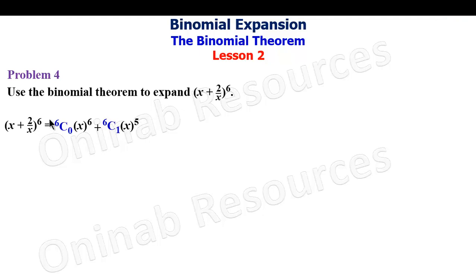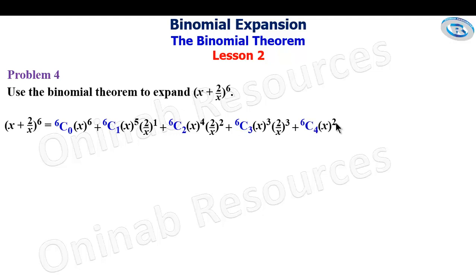Then the second term in the bracket, which is going to be 2 over x raised to power 1, then plus 6 combination 2, x raised to power 4, then 2 over x squared, plus 6 combination 3, x raised to power 3, 2 over x raised to power 3, then plus 6 combination 4, x raised to power 2, then 2 over x raised to power 4.